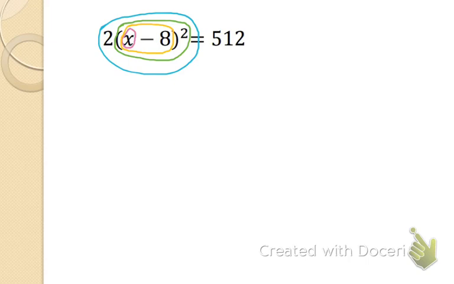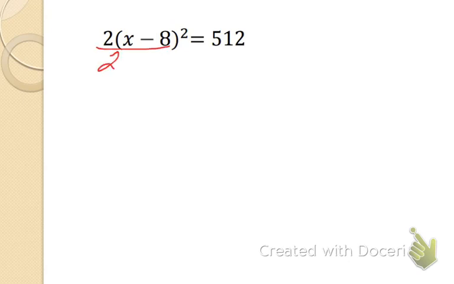If I pop the first balloon, that means I need to get rid of the 2. To get rid of that 2, we divide. So divide this by 2, divide this by 2, that cancels. Then we have parentheses, x minus 8 raised to the power of 2, and that gives us 256.